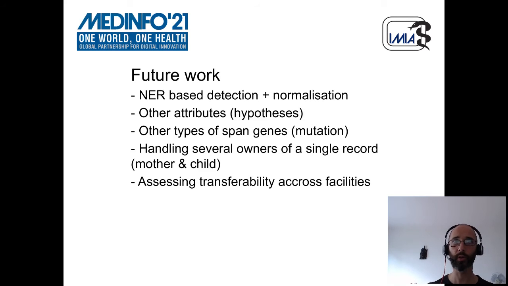We are also concerned that it is maybe problematic to say that a report belongs to only one patient. For example, it can belong to a mother and a child, and we're working on that. We also want to assess the transferability of our models across facilities, since we only trained on data from one facility.